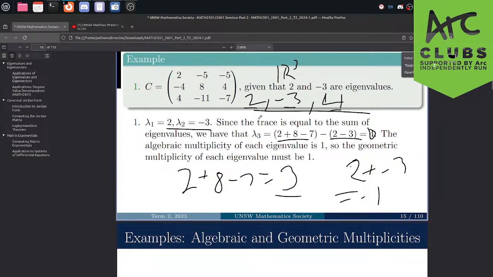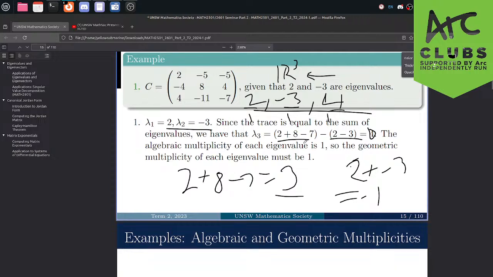The sum of the algebraic multiplicities can't be more than 3 because the eigenvectors in different eigenspaces are linearly independent from each other. So you must have the algebraic multiplicities distributed as 1, 1, 1 across these eigenvalues. There's no other way to do this. You can't have 4 have an algebraic multiplicity of 2.